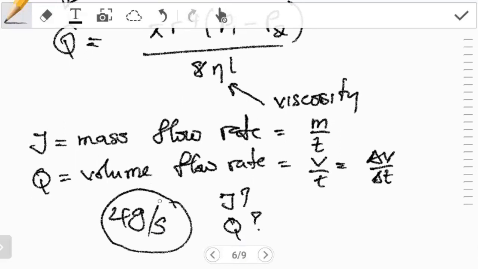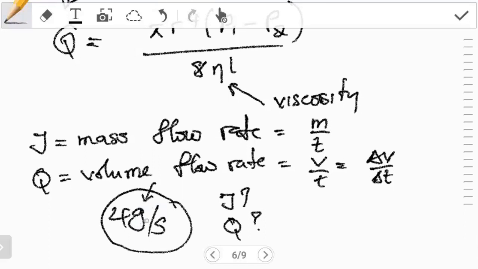Well, look at the units. If the top unit is a unit for mass, then you know this is the mass flow rate. If the top part has a unit for volume, then you know this is a volume flow rate. In this example, the top part has the gram, which is used for mass, implying that this is the mass flow rate.